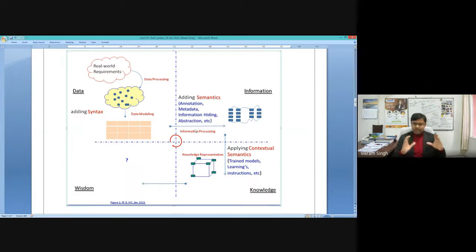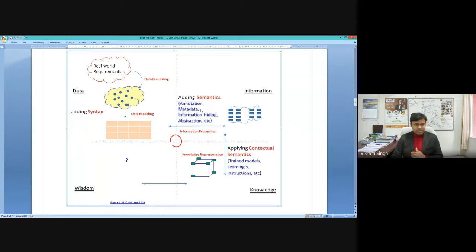Keeping all these data objects in an organized structure with proper semantic-based information makes it more convenient for the user. So the primary objective of processing data, at least to convert it into information, is to make it more usable for real world purposes, right?